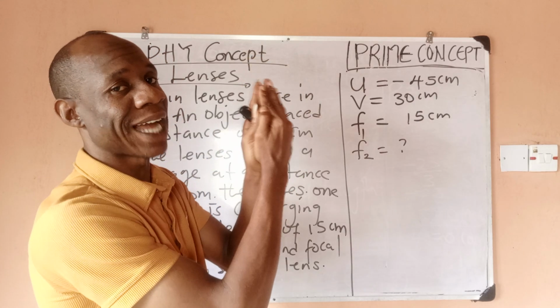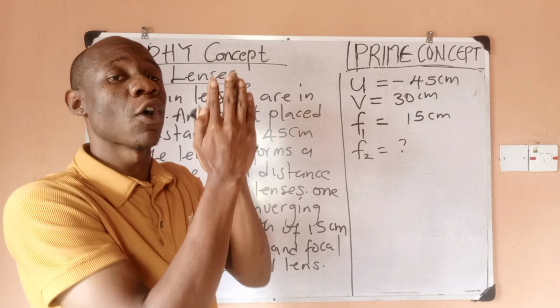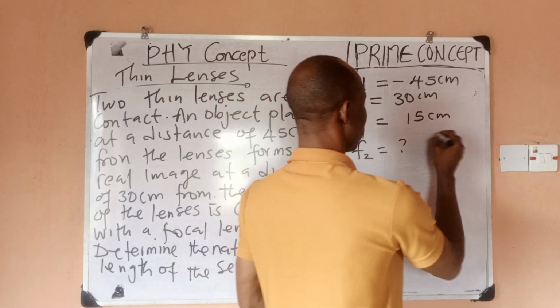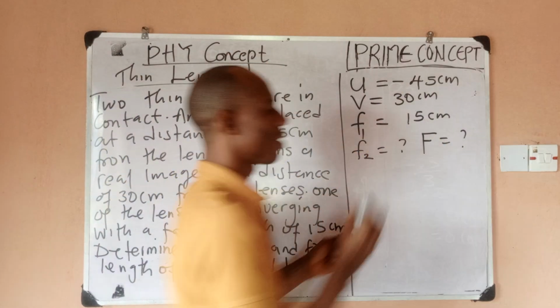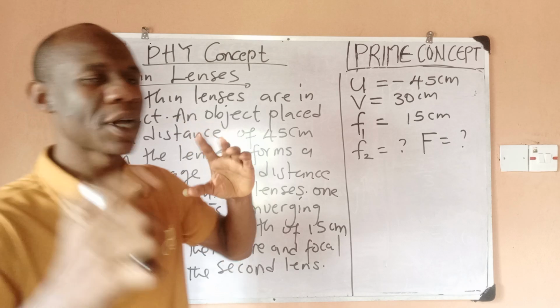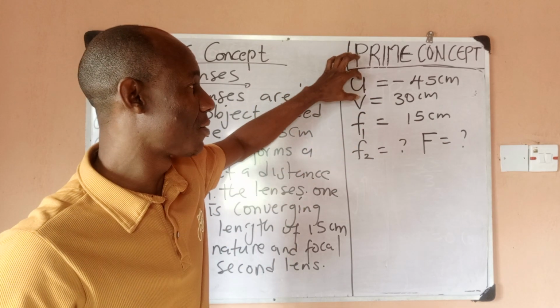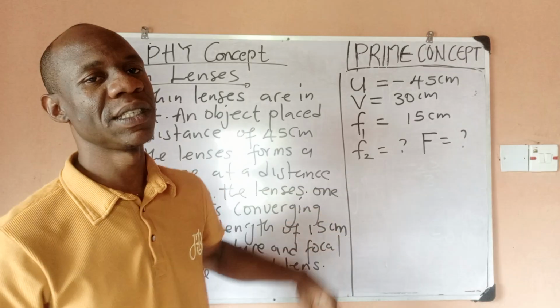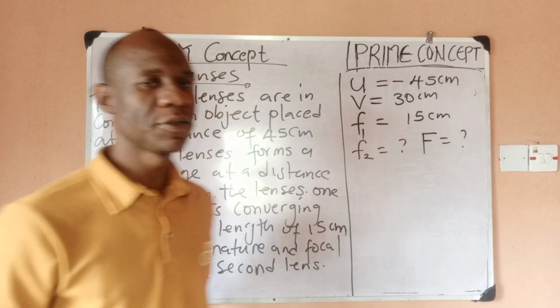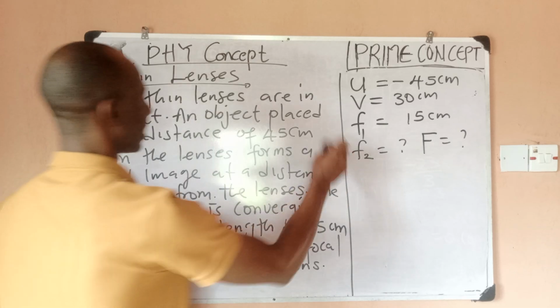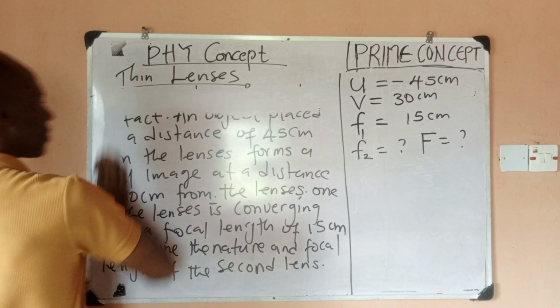The two lenses acting as one should have a combined focal length, which I'm going to call f. Once we get the combined focal length, we can find the focal length of the second lens in the combination.